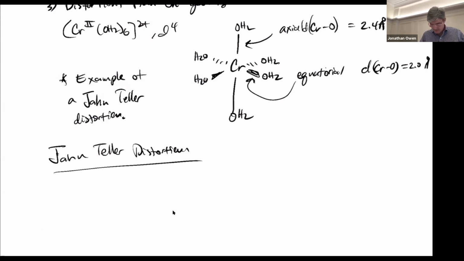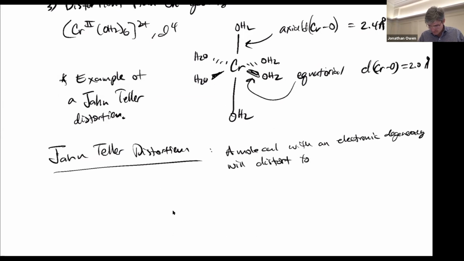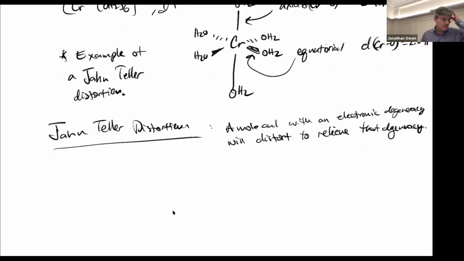It arises when you have an electronic degeneracy. And the molecule will distort to eliminate that degeneracy.